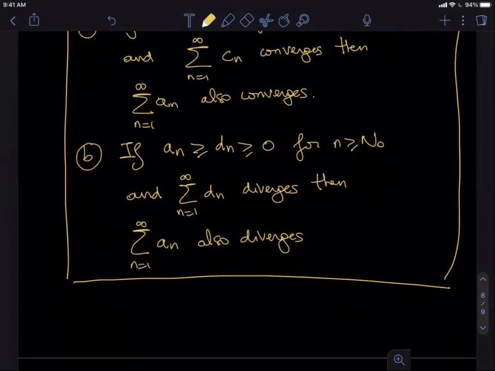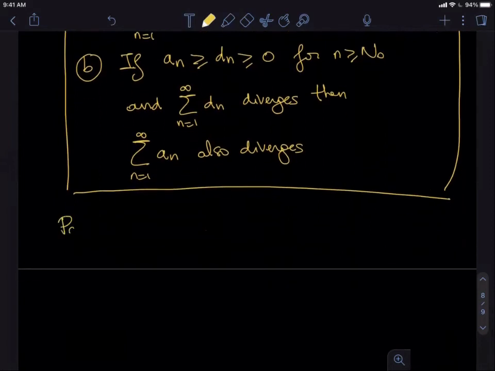For instance, well, let me give the proof first. So for the proof, the first part A, this one is easy. We are assuming that the sum of the Cn converges.